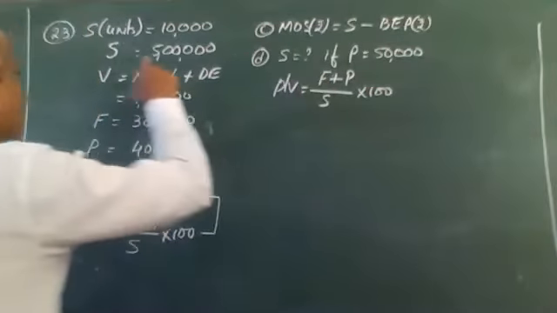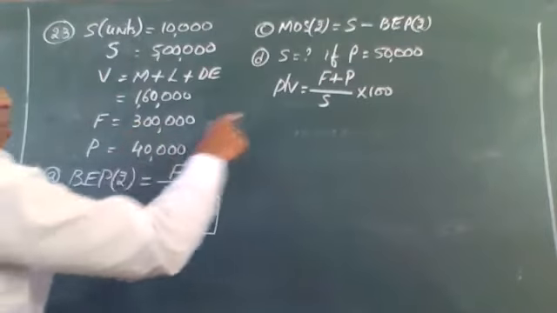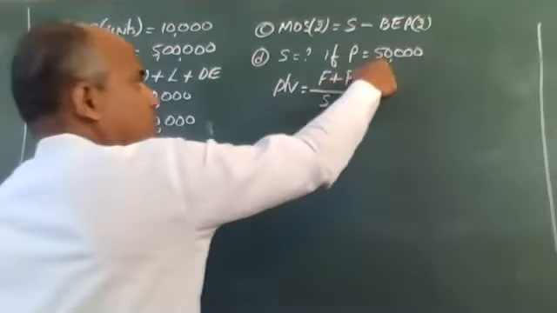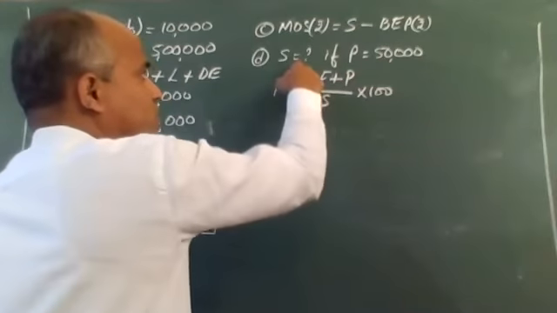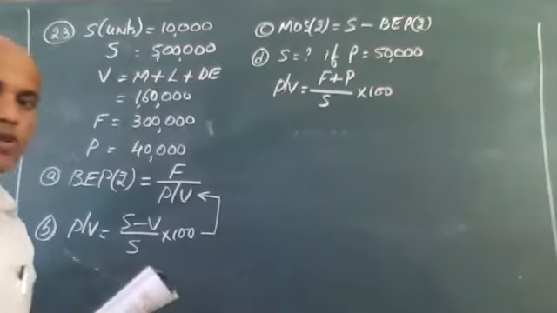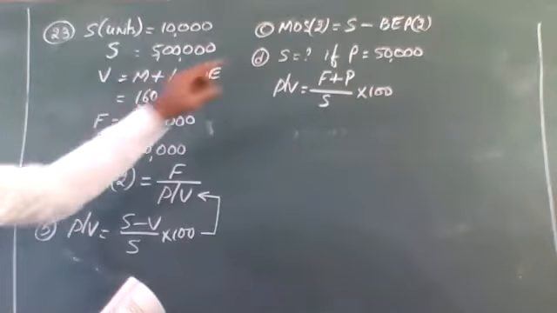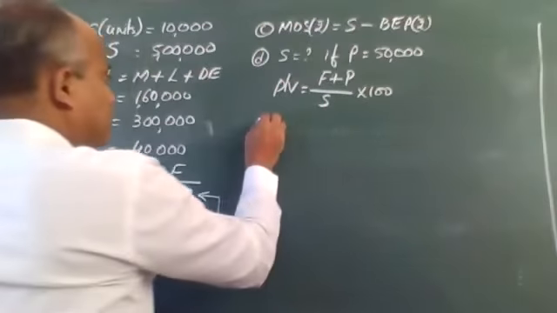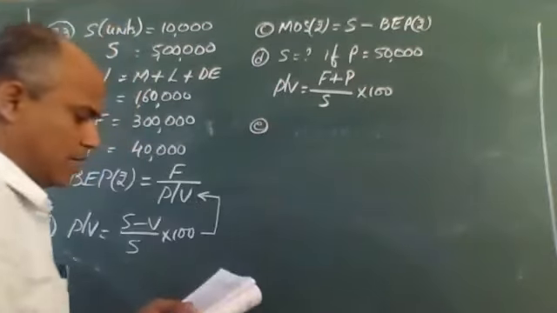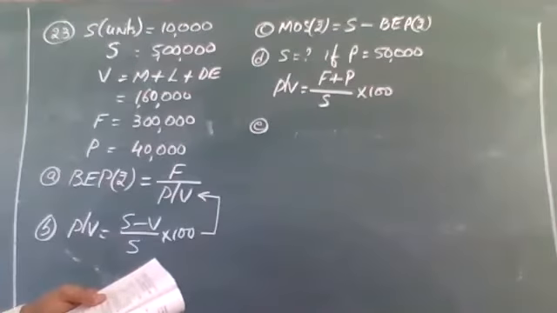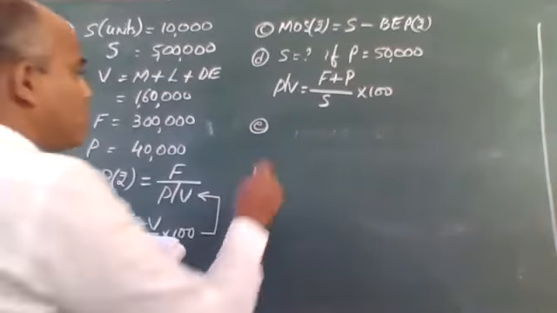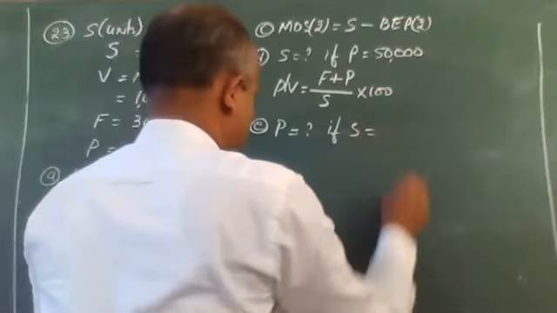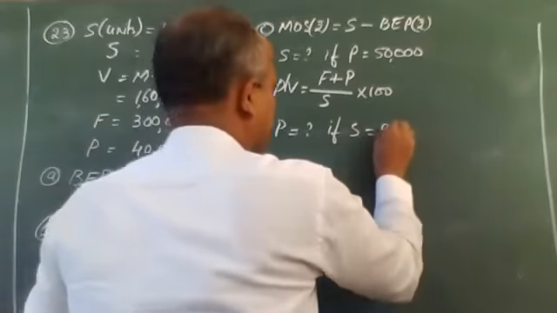F will be fixed always, there will be 3 lakhs. Profit you will take from here, not from here. Profit you will take from here 50,000 and sales will be the question. That's how you have to solve. Don't take this profit there and this sales there. Then EBIT is profit at a sales of, so profit is equal to how much if sales is given as 9 lakhs.